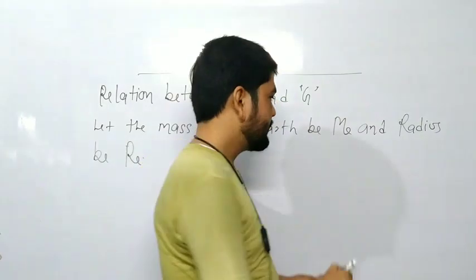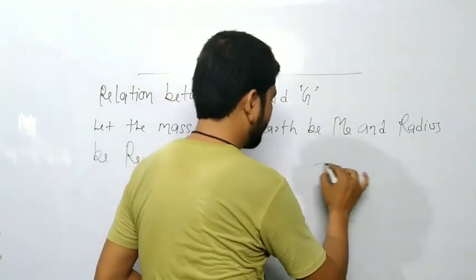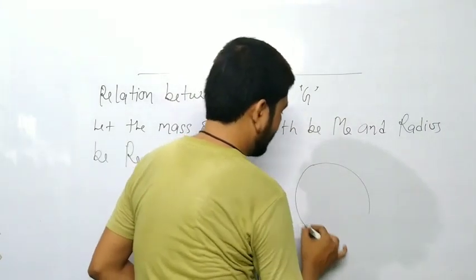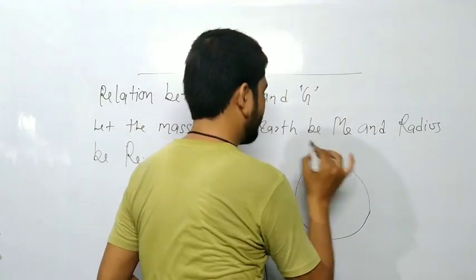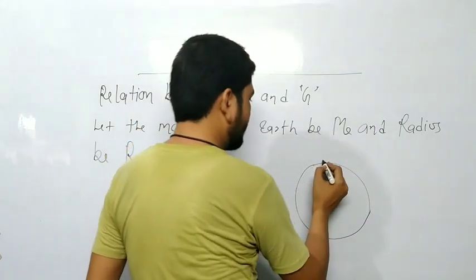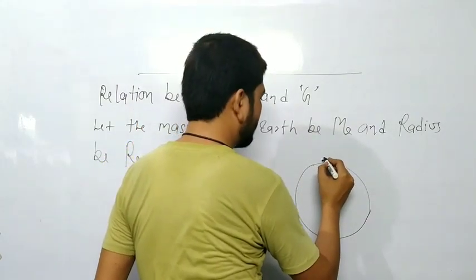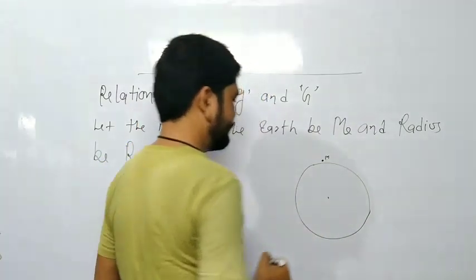Suppose this is the Earth's surface and this is the center, and the object is here, and the mass of the object is small m.